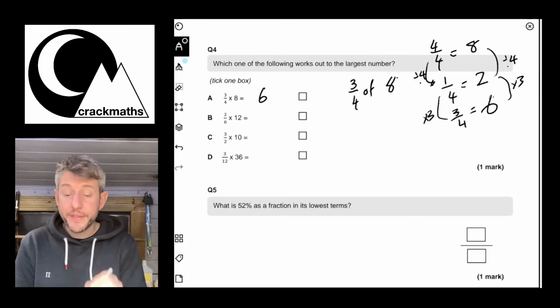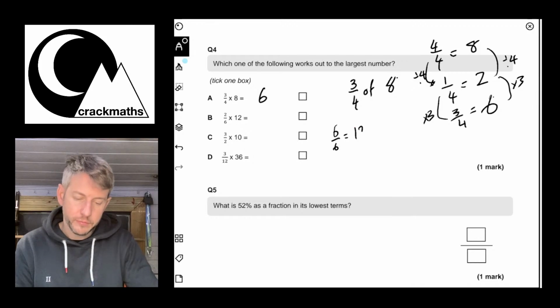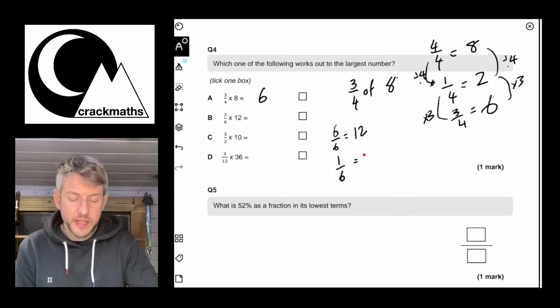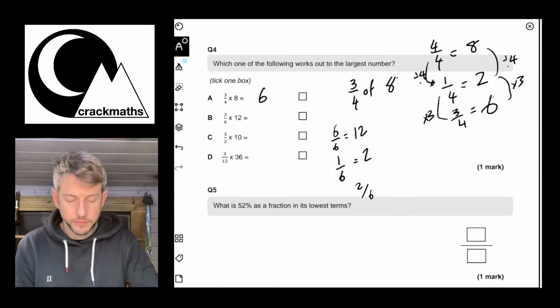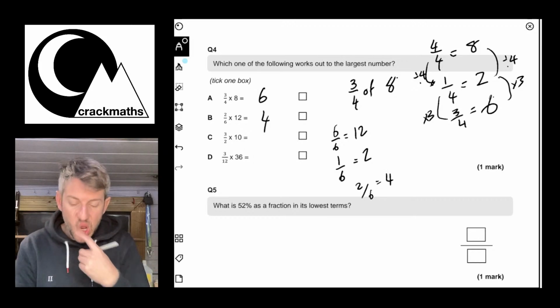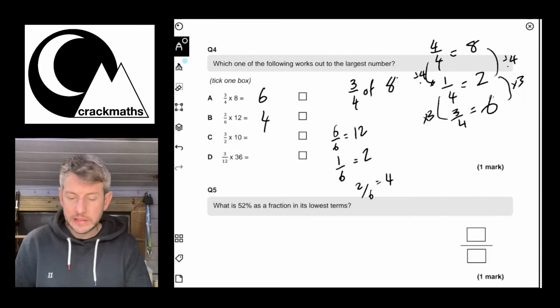Right, 2/6 of 12. So 6/6 equals 12. 1/6 will be 12 divided by 6, which will be 2. So 2/6 will be 4. So this one's 4. This is probably going to be this one, 3/2 of 10.